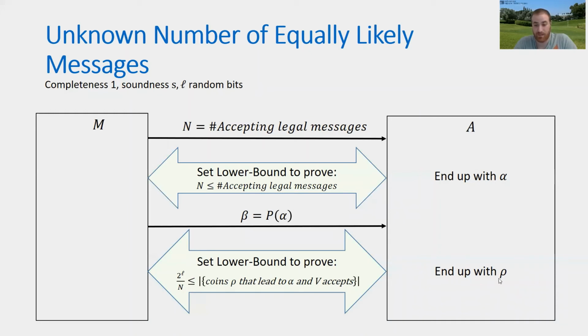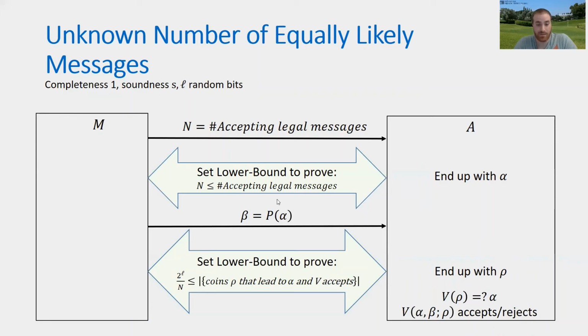After this we end up with rho, and we have to make sure that rho is indeed in this set, but this set is easy to check membership for because we have everything. We just need to check that rho indeed leads to alpha and that the verifier accepts given everything it's been sent so far.